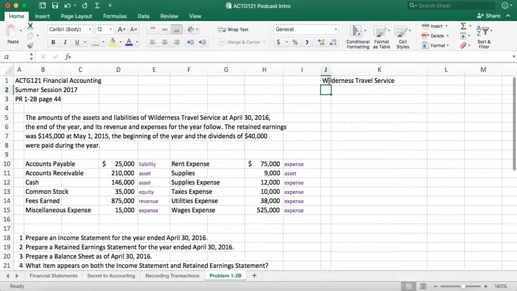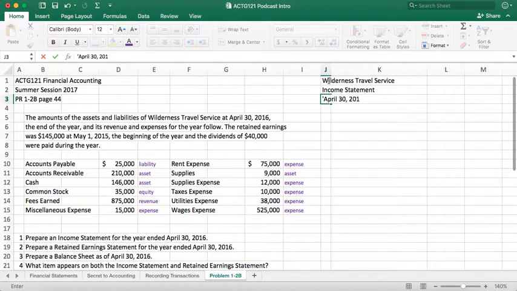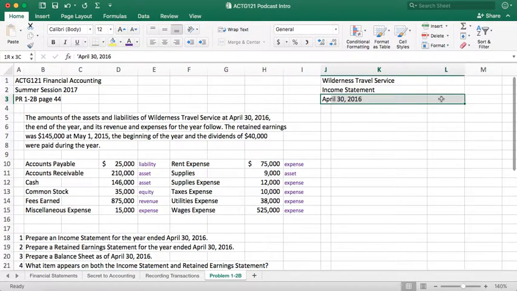Then we identify what we are preparing, the income statement. And the last item is the date, April 30th, 2016. So that's our heading, and please make certain that you always put a heading on every single statement that you create.